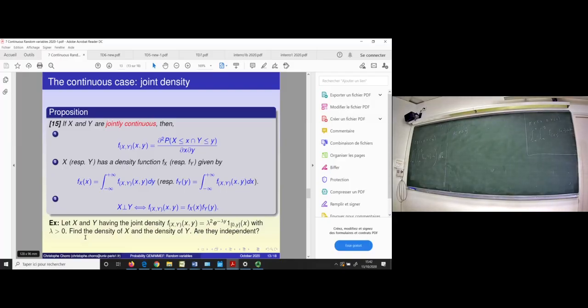So how to make the event capital Y less than small y disappear, intuitively? Y is a random variable taking real values, and I want to make this event disappear. Do you have an idea?